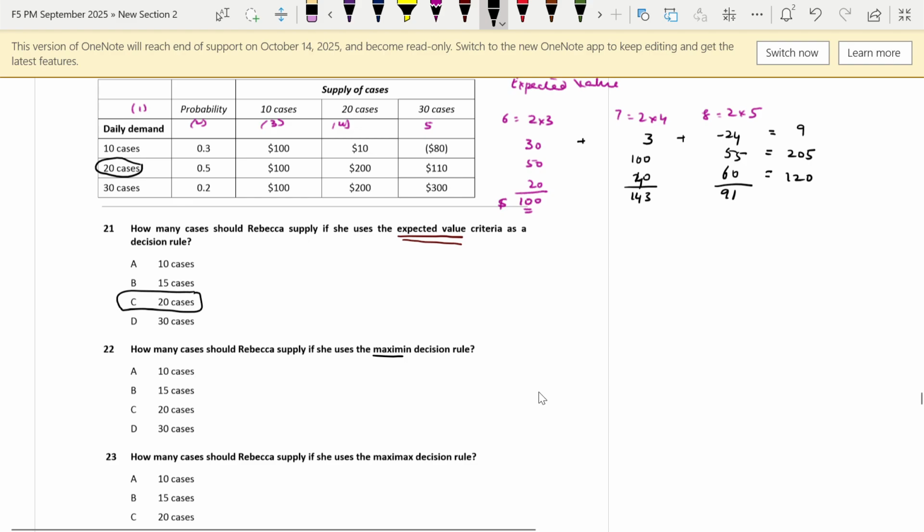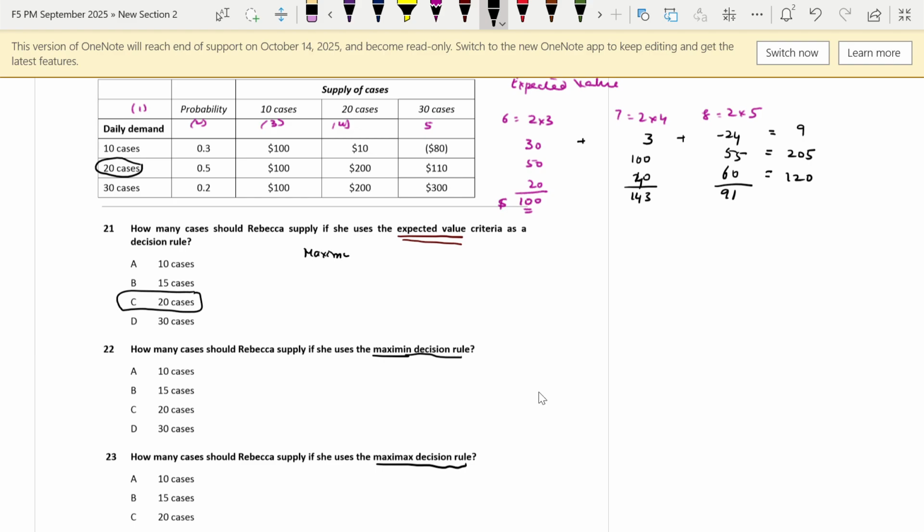Maximum, minimum. Maximin is nothing but maximizing the minimum payoff.